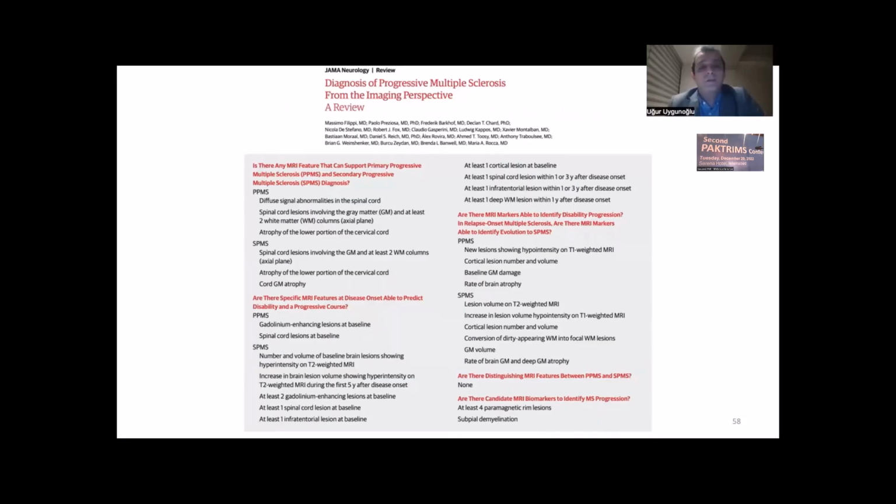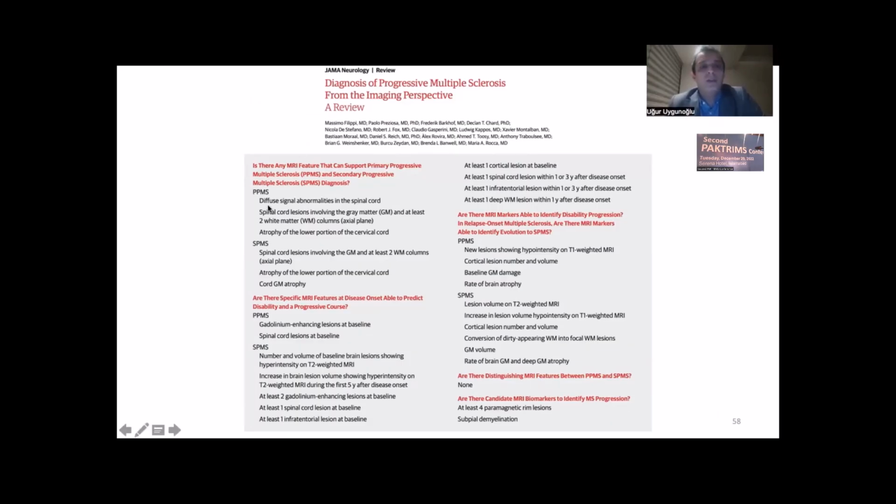This might predict the progression of the patients independent of clinical activity. I would highly suggest reading this paper for diagnosis of progressive multiple sclerosis from the imaging perspective.